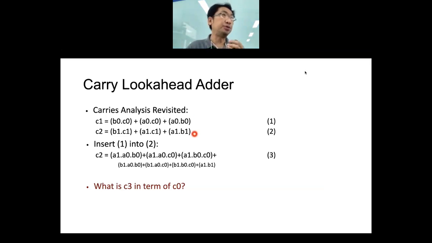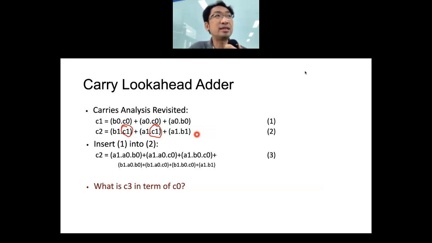But how about C2? C2 has to wait for C1. After calculating C1, then we can calculate C2. But actually, in the real circuit, in the real hardware, the signal goes through and does not wait.